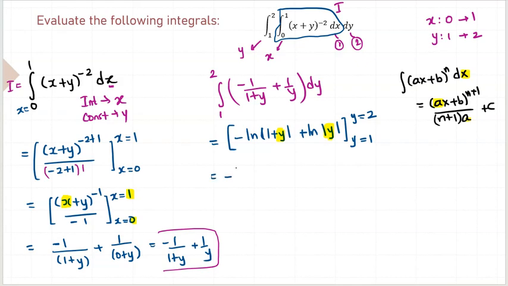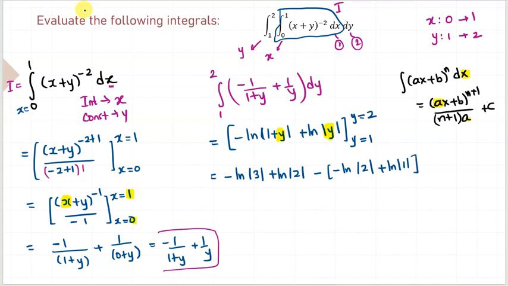That gives you minus ln of 3 plus ln of 2, minus ln of 2 plus ln of 1. Sorry, not 1, it should be 2 here, because when you replace y by 1, 1 plus 1 is 2, and ln of 1.